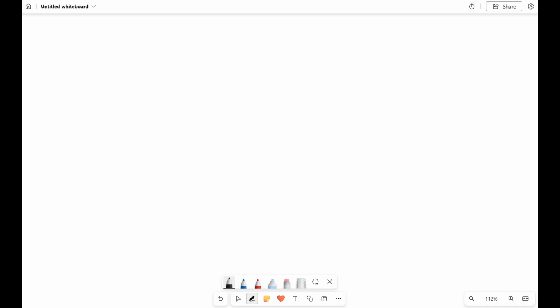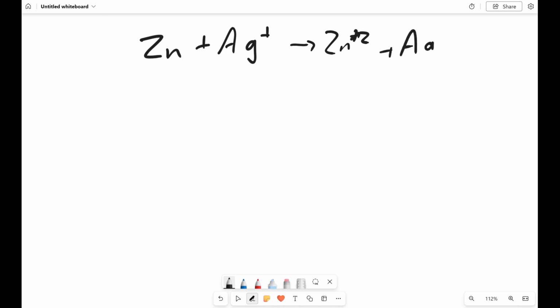So say we have zinc metal plus silver ions becoming zinc ions, plus 2, and silver metal, right? So this is going to be solid, aqueous, and solid, right? Okay, so I mean, this looks ridiculously easy, right?